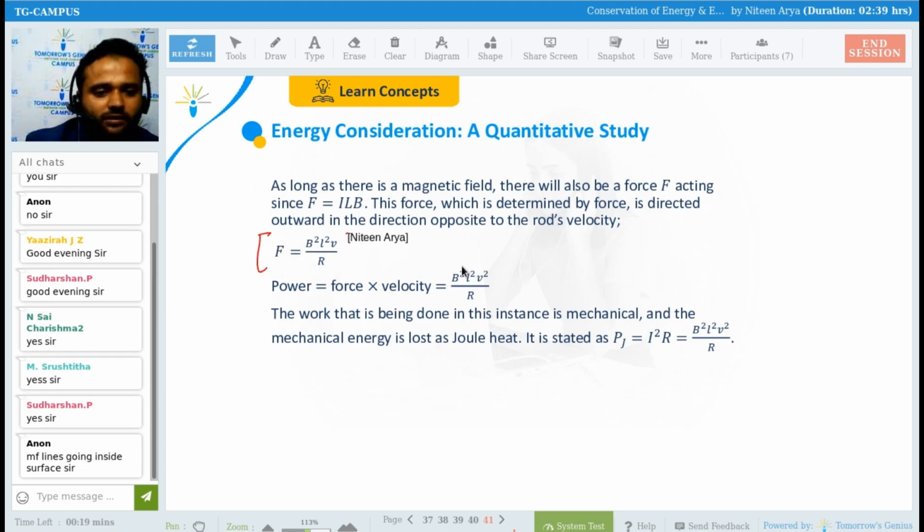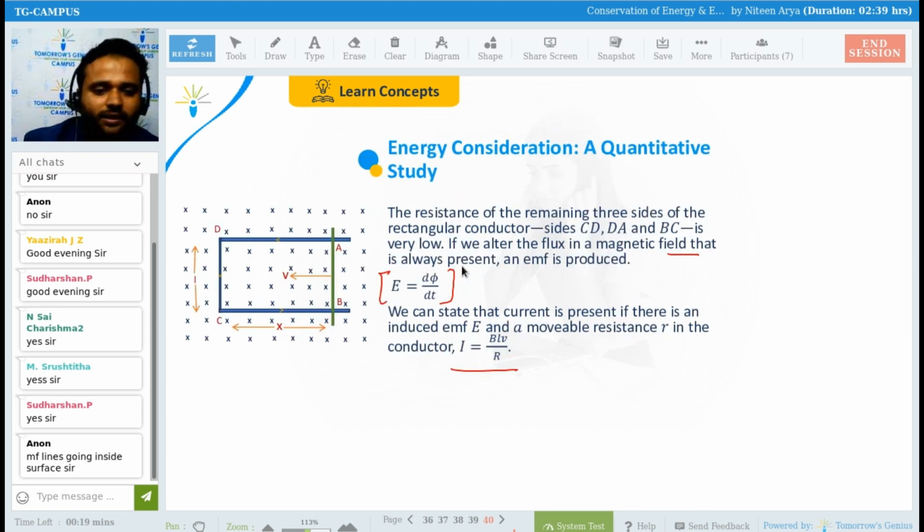We know there is a power, which is going to be force into velocity. The work that is being done in this instance is mechanical, and the mechanical energy is lost as Joule heat. What is happening here? We are doing mechanical work in pulling this rod of length L, isn't it?